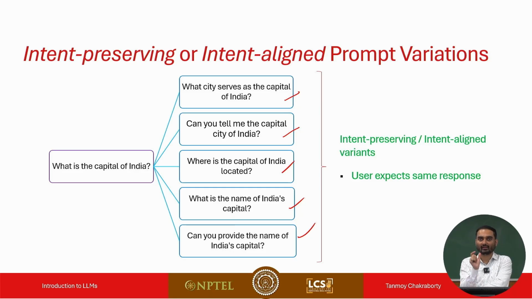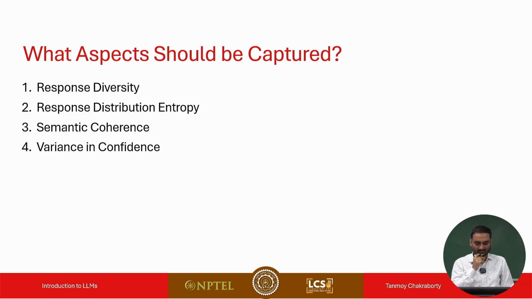And you see, the intent of the prompt remains the same across all the paraphrases, right? The hope is that if the model is not sensitive, if it is robust, it should always produce the same answer for all these variations. So in the POSIX metric, the metric wants to capture these 4 different aspects.